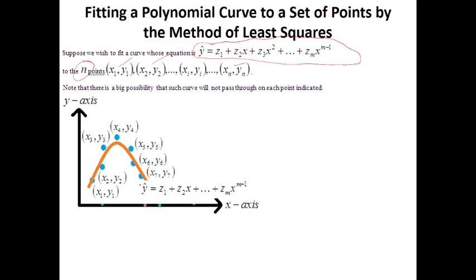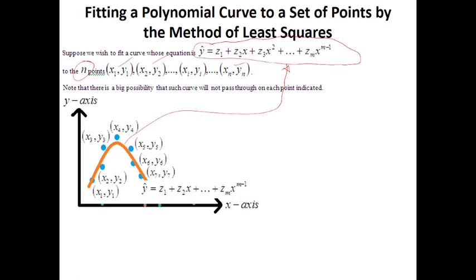We are to fit a polynomial curve to this set of points. The equation of this curve should be obtained. This is the general equation of this curve that fits a set of points.